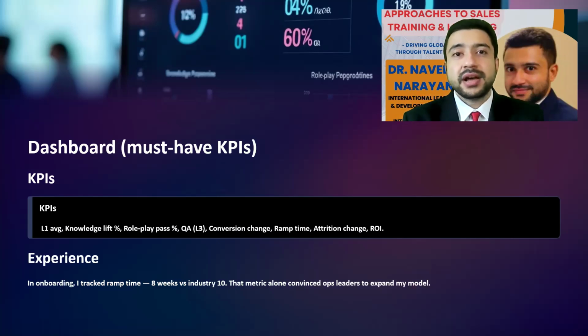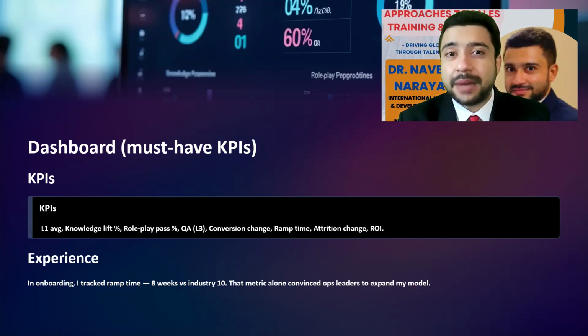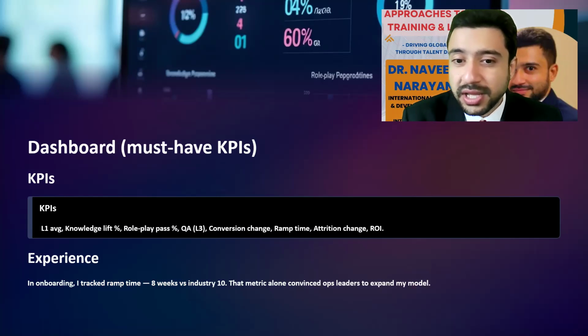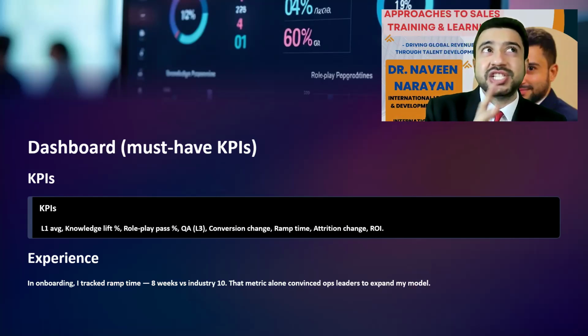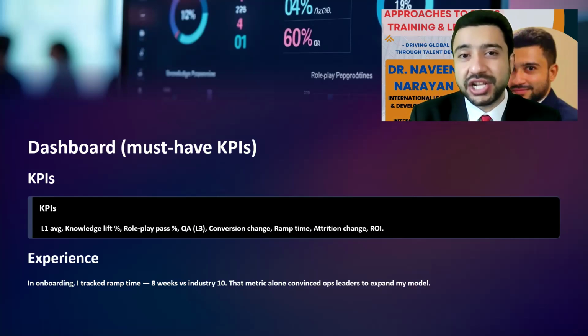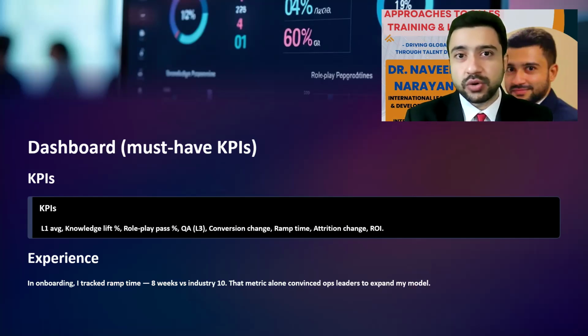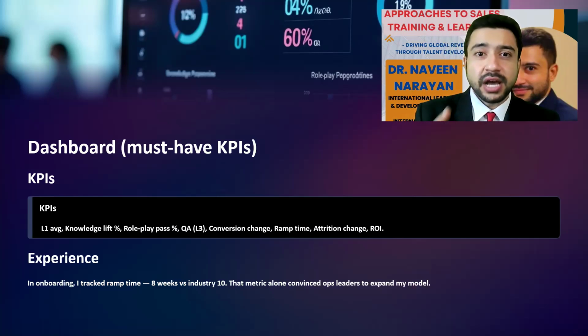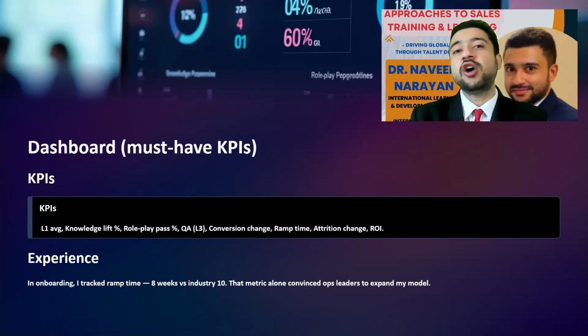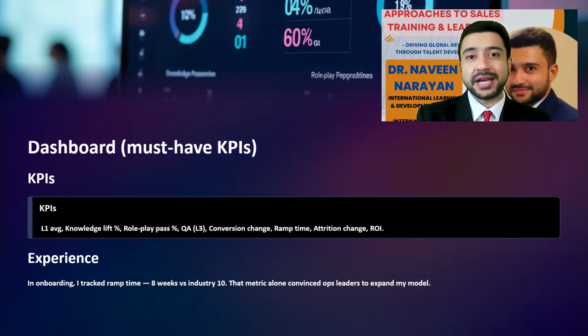Then ramp time, the differences in ramp time, we can check. Then attrition change, what changes are happening in the attrition rates. And ROI, return on investment: we invested this much in this particular person, and how much has he brought back to the company? That is very important for the calculation.